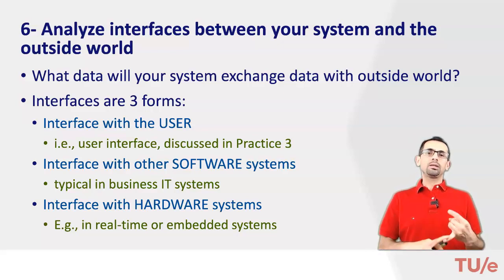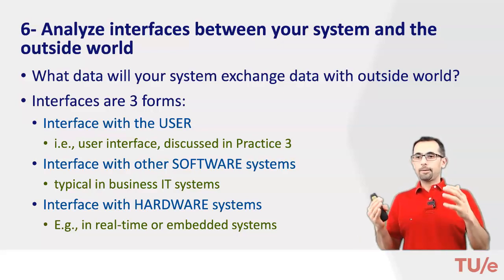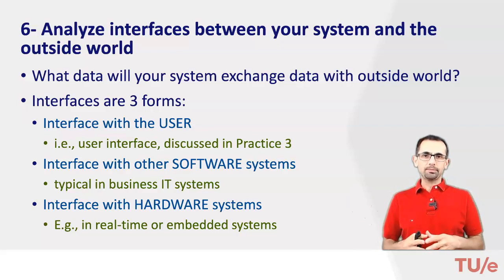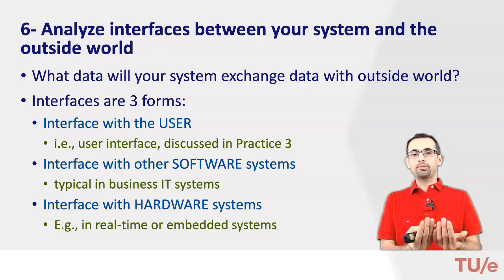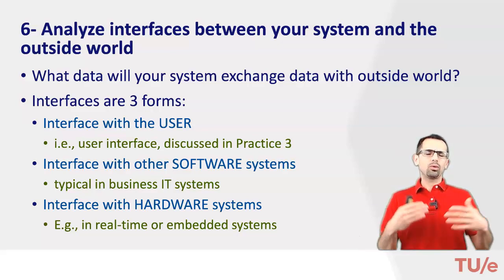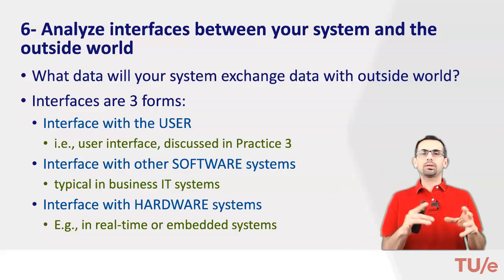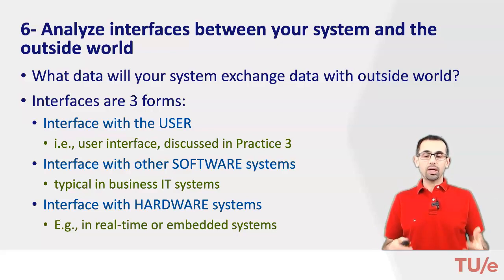One form is the interface that your IT solution would have with its own users, the user interface. Then there is the interface between your system and other software systems. That's very typical in business systems, all the ERP systems, CRMs, and so on, as they're interconnected and exchange a lot of information. You have to have a very good understanding of that.